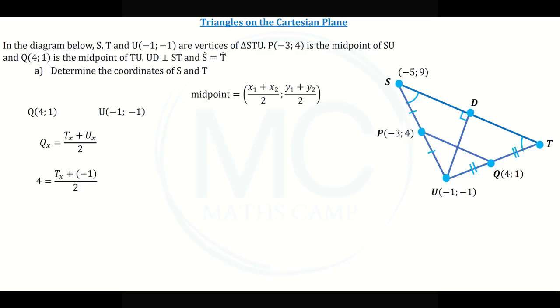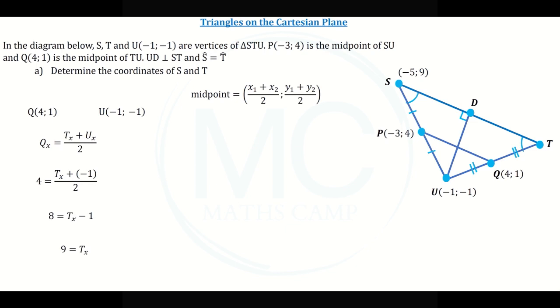Now we can solve for Tx. Let's multiply both sides by 2, and we get 8 is equal to Tx minus 1. Let's add 1 to both sides, and we see that 9 is equal to the x-coordinate of T.